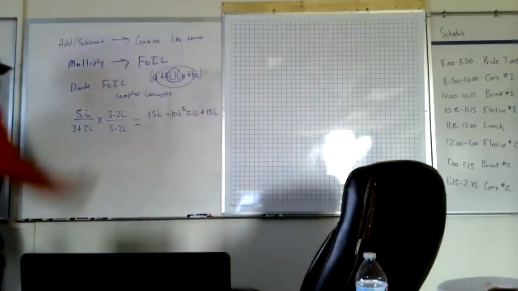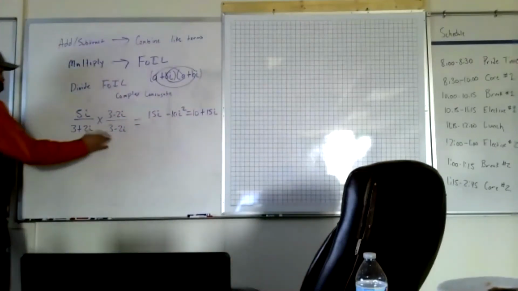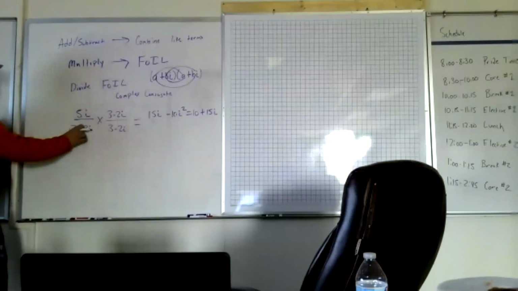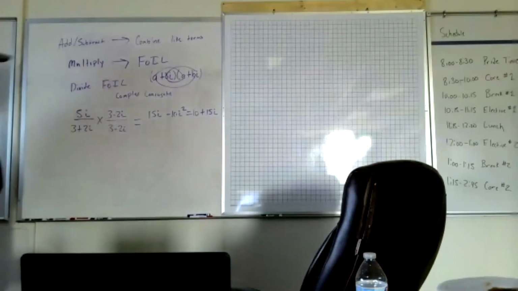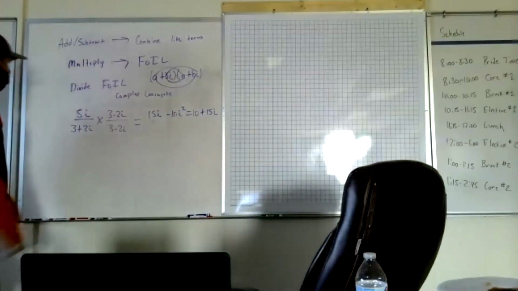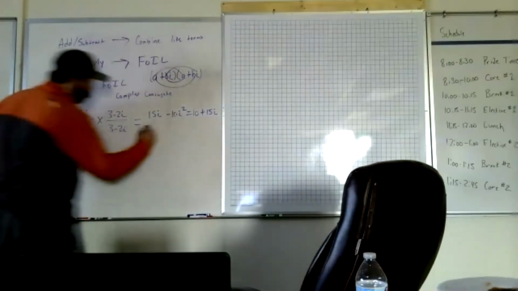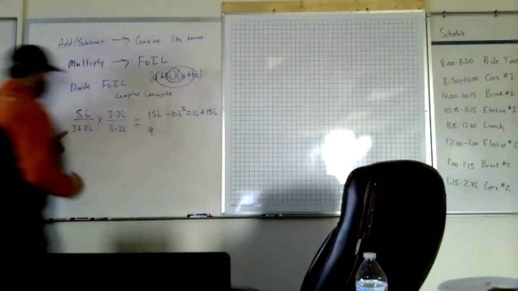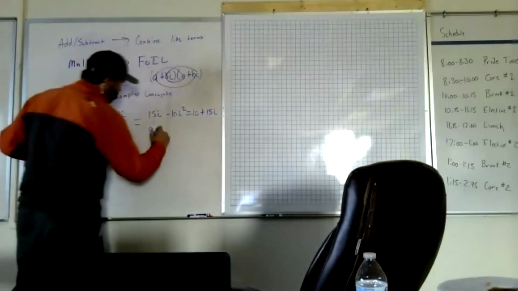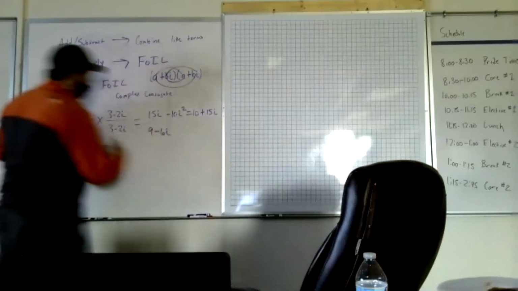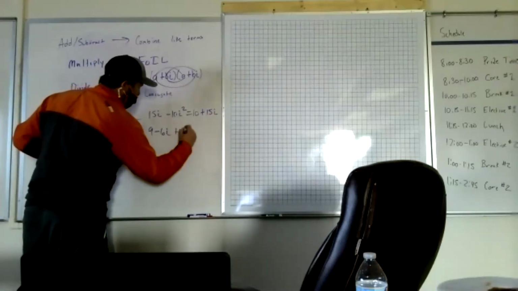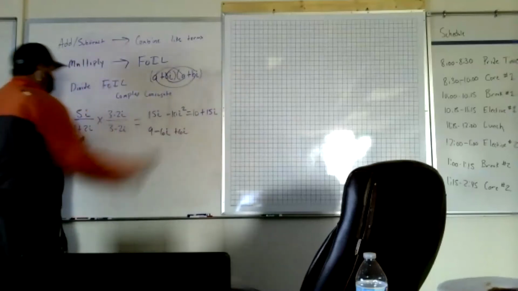For the denominator, we have to use FOIL. But since these are complex conjugates, like I said, the imaginary unit will disappear. So 3 times 3 is 9. 3 times negative 2i is negative 6i. 2i times 3 is a positive 6i. So you can see those two are going to cancel out.